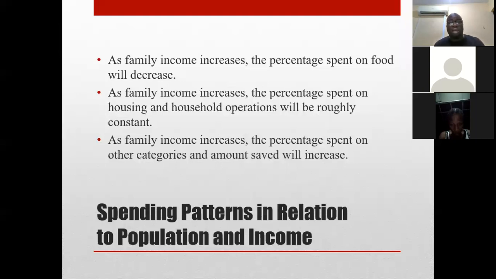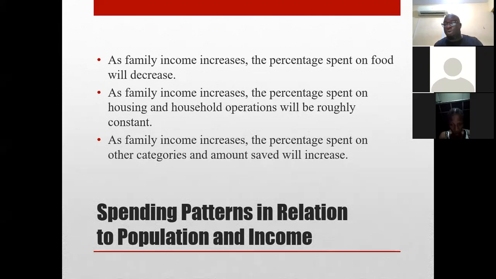So the first law there is that as a family's income increases, the percentage spent on food will decrease. To be honest with you, this is the first time I've had to teach this class online. I usually like to demonstrate this because it doesn't sound right.